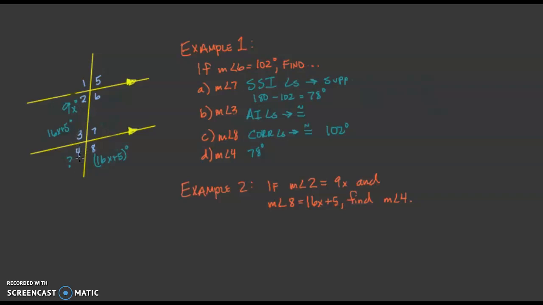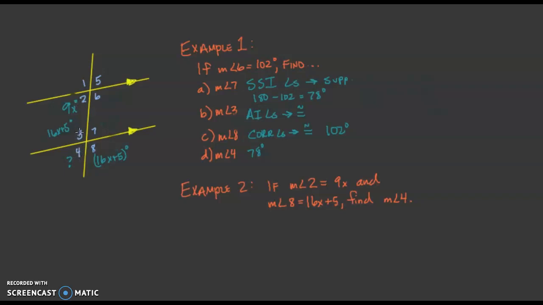Well, I can find the measure of angle 4 if I know really any of these three angles. Angle 2 and angle 4 are corresponding, so if I know angle 2, angle 4 will be the same thing. Angles 3 and 4 are supplementary because they form a linear pair. Angles 4 and 8 are supplementary for the same reason. So if I can find the measure of any of these angles, then I can do one little piece of work to figure out what the measure of angle 4 is.